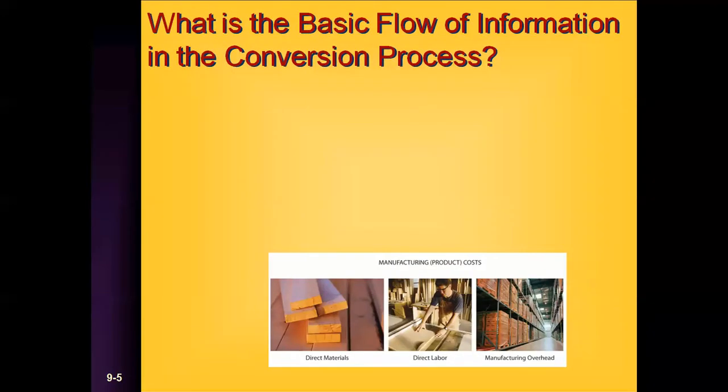Okay, what is the basic flow of information in the conversion process? We talked about this as related to the inventory process on the expenditure side in the last chapter, but there's a particular flow of information in this area as well. The steps start with the customer. The customer places an order, and based upon the order placement, production is scheduled.